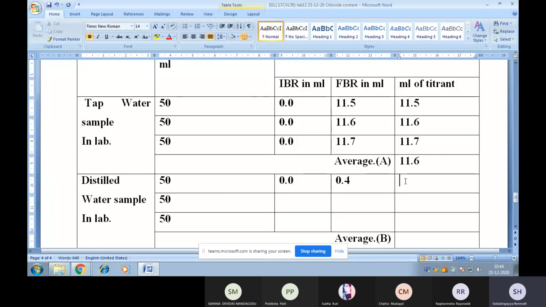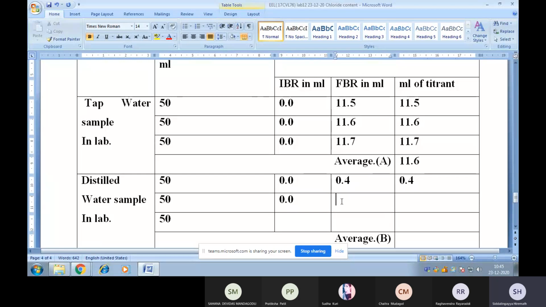The volume of titrant utilized will be 0.4. One reading is sufficient, but for an average you can consider 2 or 3 readings.